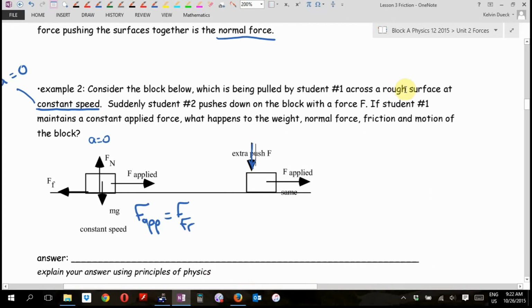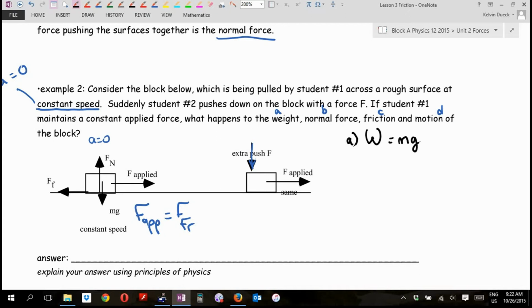It says this. If student number 1 maintains a constant applied force, what happens? Let's call this A, B, C, and D. What happens to the weight? Now remember, weight equals mg. When Isaac jumps on the bench, does the mass of the bench change?